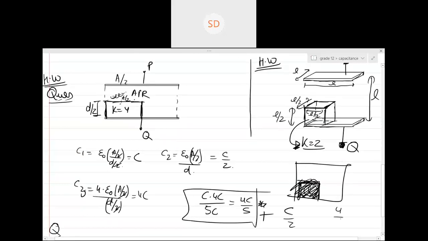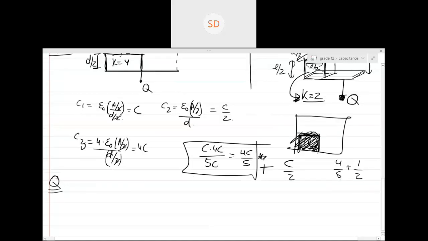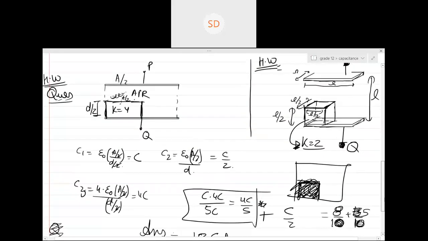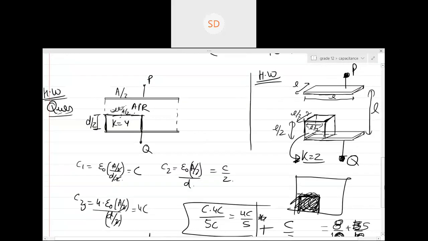So 4 by 5 plus 1 by 2, what is it? It is 13 by 10. So the final answer for this problem will be 13 by 10 epsilon naught A by D. This should be the final answer. Ovia, is this your answer? Okay.